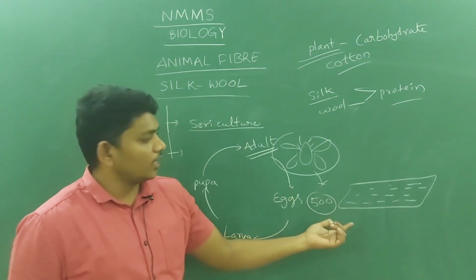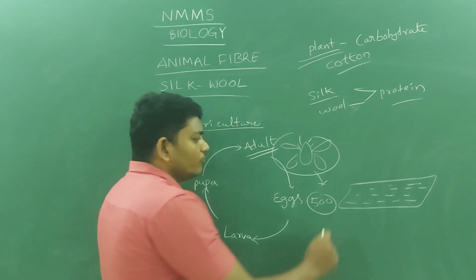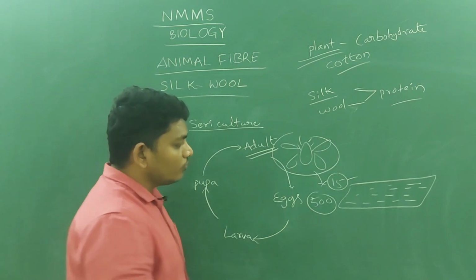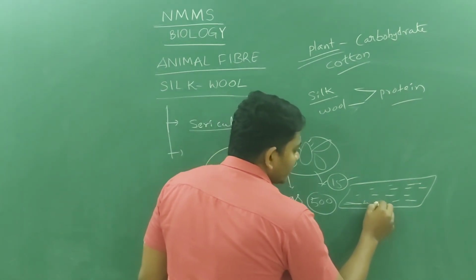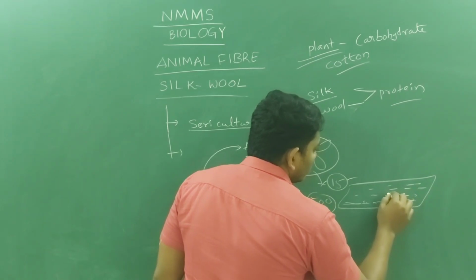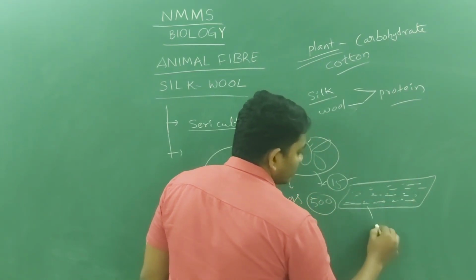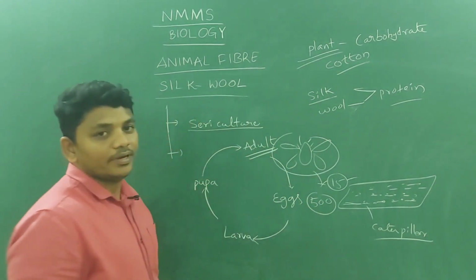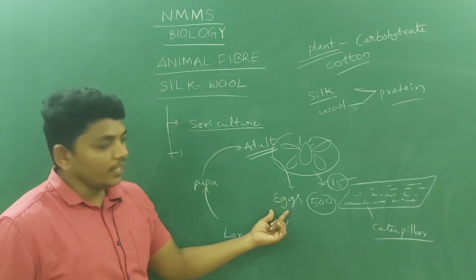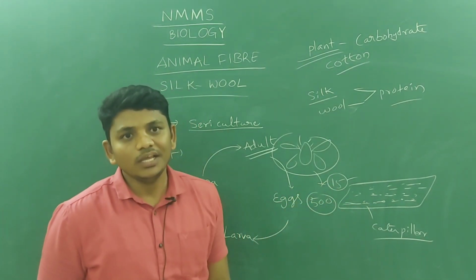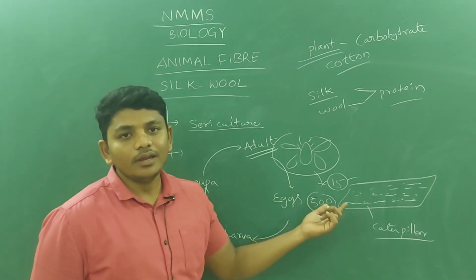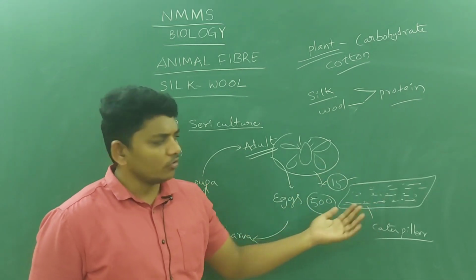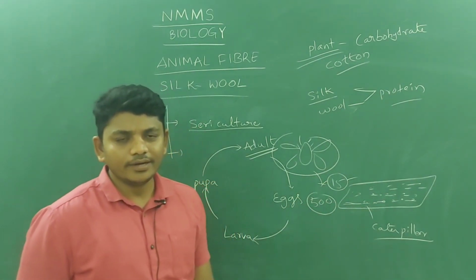When these eggs are laid on the mulberry leaves, within 10 to 15 days, the eggs will be hatched and grow into small babies. They are called caterpillars.